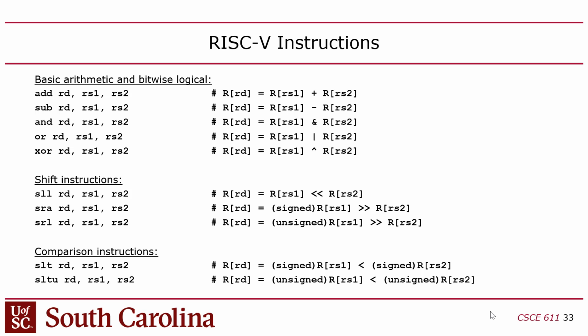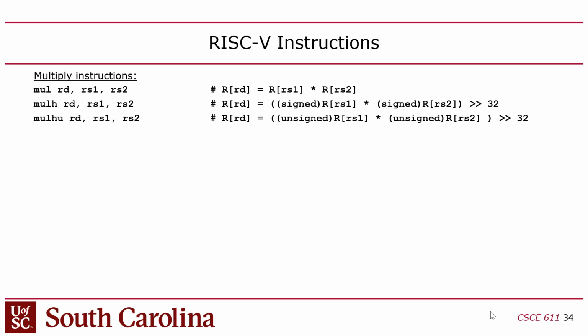In other words, you load the contents of 2 input registers, you route them into the ALU, you tell the ALU to do something which is determined by which instruction is being executed, and then you take the result of that and you put it back in the register file. So pretty much all these instructions are identical, so you're going to be doing a lot of copying and pasting inside your control unit. The only difference is that what the ALU does is different, right? And so we'll be implementing all those.